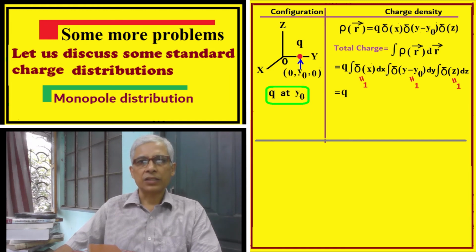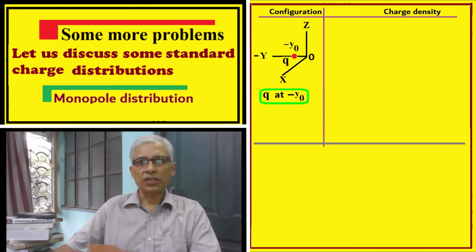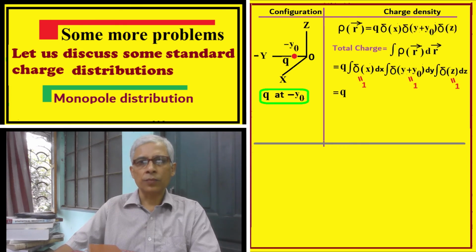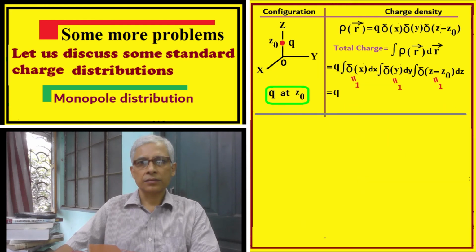In this slide, we see that Q is located at y0 on the y-axis, and then we have minus Q on y-axis at y0. The slide shows the monopole Q at minus y0. Check the charge density and the total charge. And now minus Q at minus y0, that is on the negative y-axis.